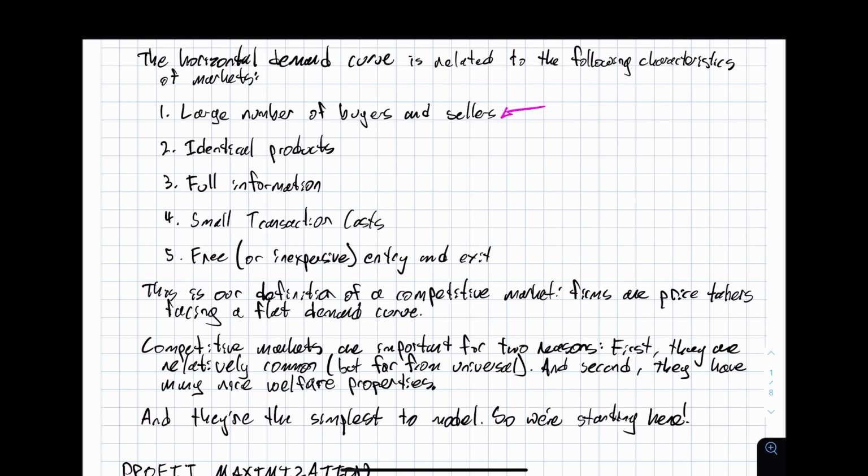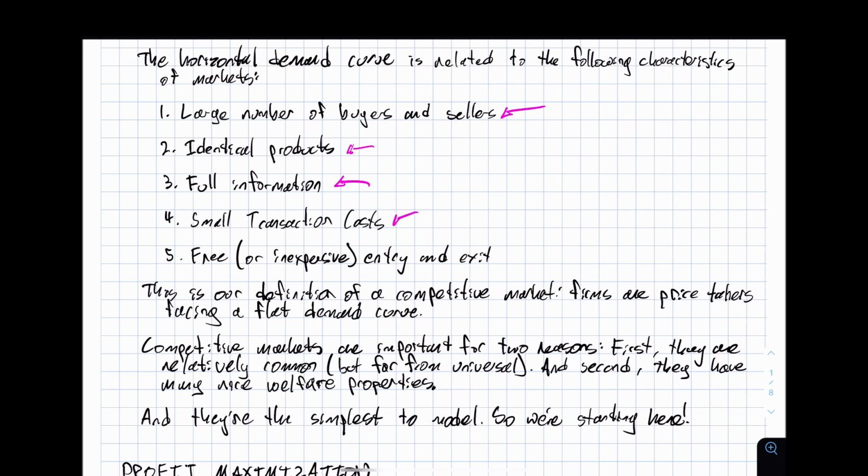This is really just because no individual has any power. When you're one in many, changing your decisions doesn't do much to change the market. We could have identical products, full information, which is really required in a lot of ways for perfect competition.